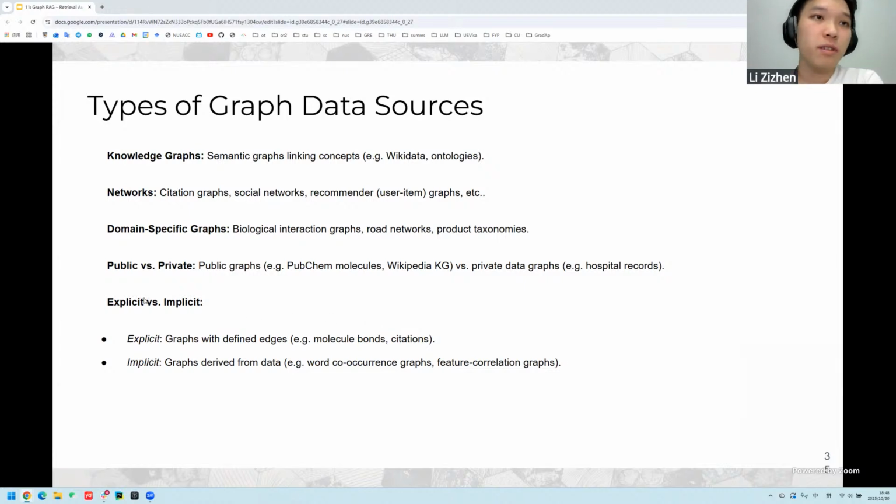The explicit graphs are graphs with clearly defined edges. For example, the molecular structure already has a clear graph structure, so you can directly use it. Or the citation: if you cite another paper, you directly have a link to that paper. However, for implicit graphs, you need to derive them from some data. For example, the word co-occurrence graph and the feature correlation graphs.